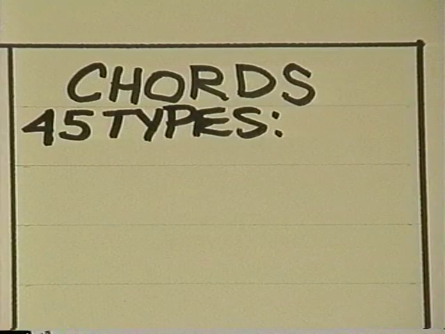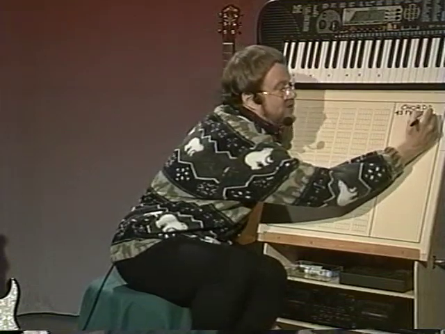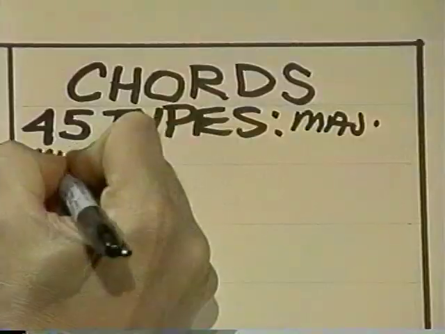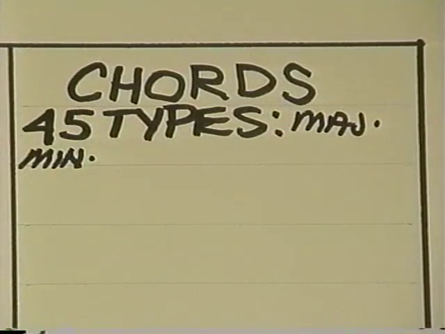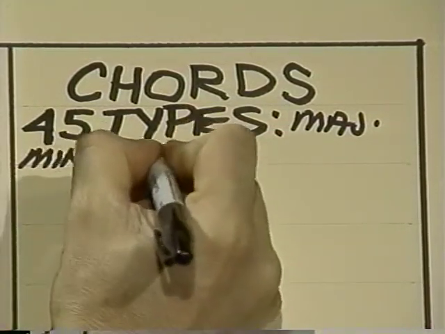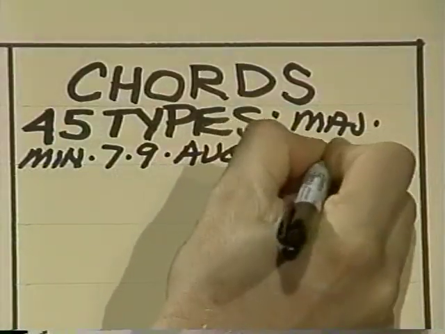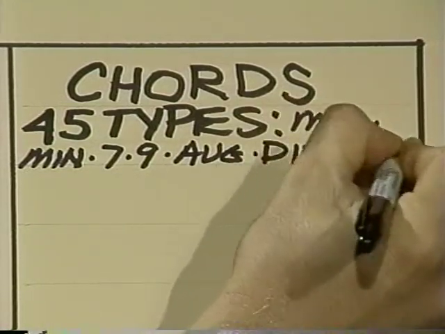You're probably familiar with some of this. There are some chords called major chords, and other chords called minor chords. A lot of them have numbers after them, like 7 or 9, and strange words like augmented and diminished and suspended. On and on until you get to about 45 different types of chords.